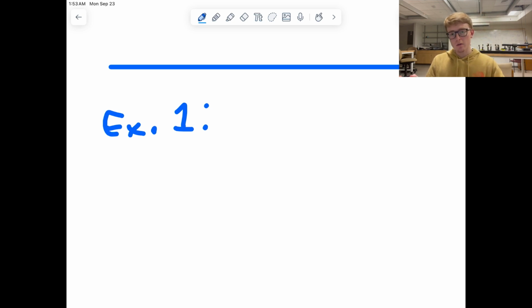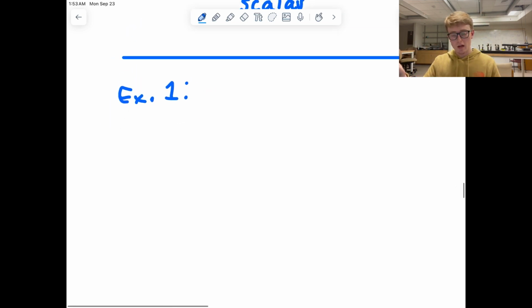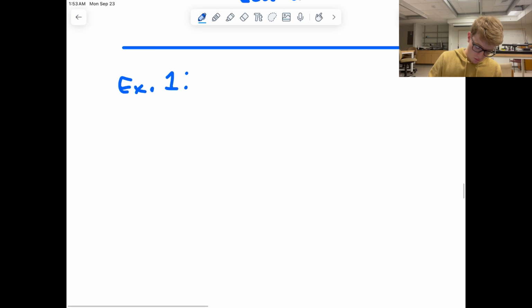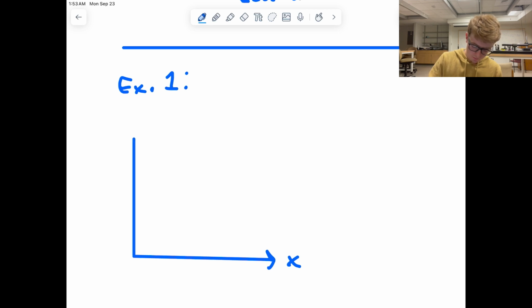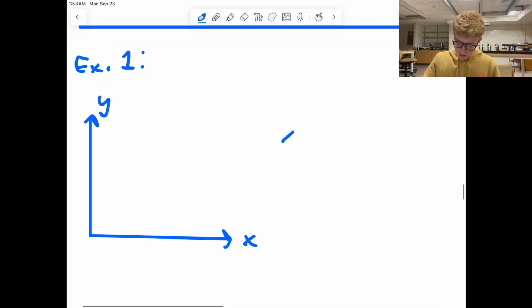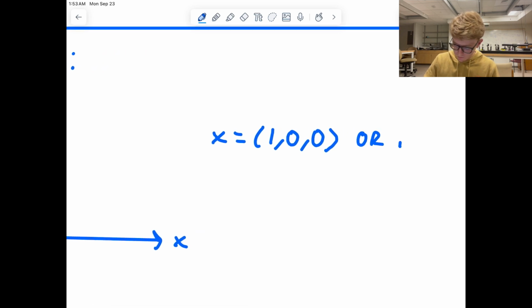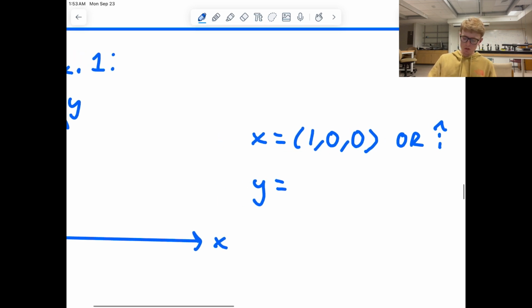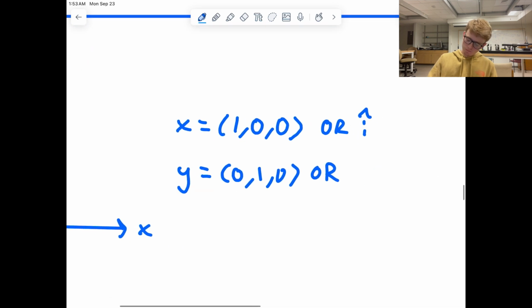So let's derive that third axis there using cross product. So we have this vector x and this vector y, they're perpendicular. And x is 1, 0, 0, or i hat. And this vector y that I defined is gonna be 0, 1, 0, or j hat.